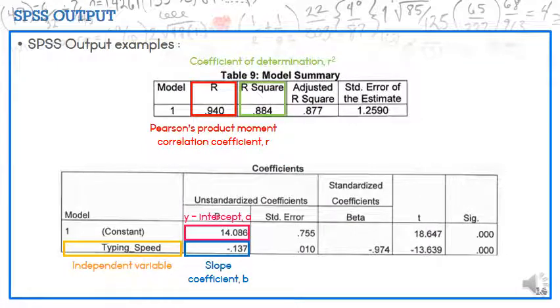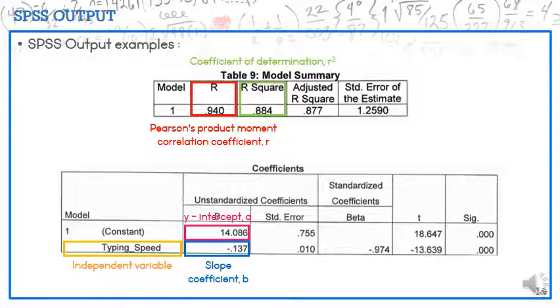And this is another output, where in this output, we can get the coefficient of determination R squared and also your regression equation. So R here, okay, this red color R equivalent to 0.940 is your Pearson product moment correlation coefficient R, and the green box is your R squared.